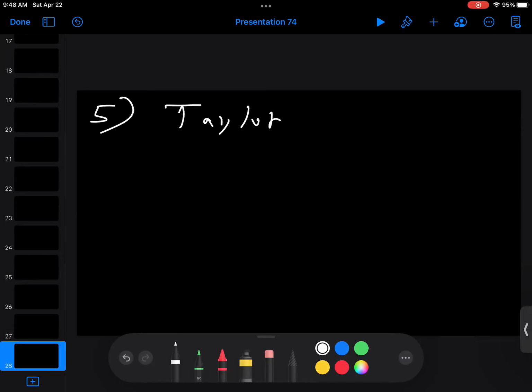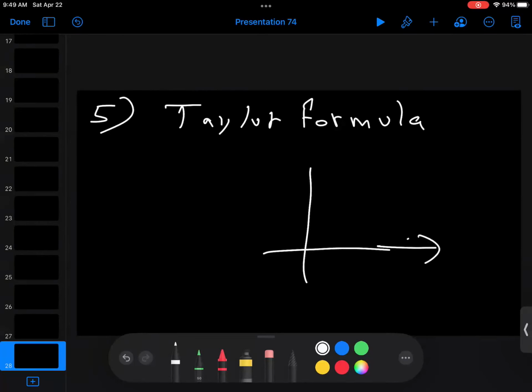I just want to again give you a glimpse of what is called the Taylor formula. And this is the idea. This is an important thing in modern calculus. There are different ways to see it, but the main idea is that let's assume that you have a function f of x.